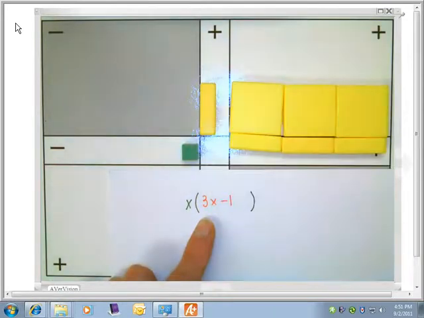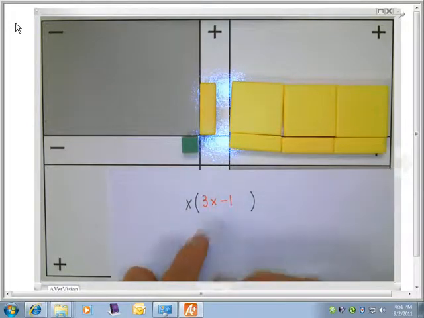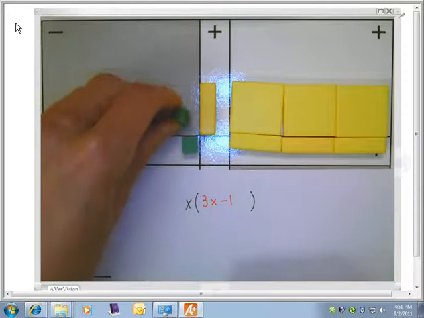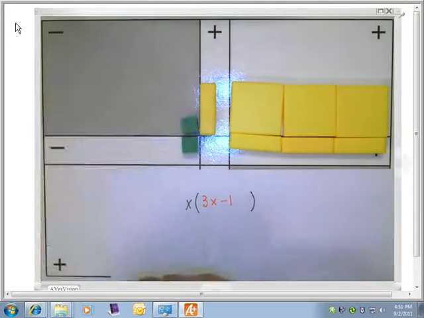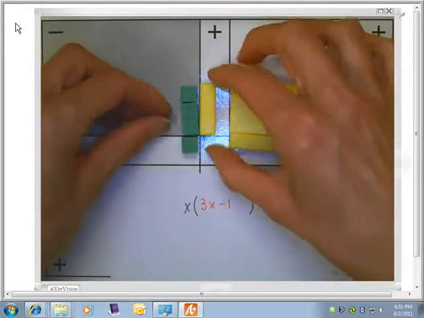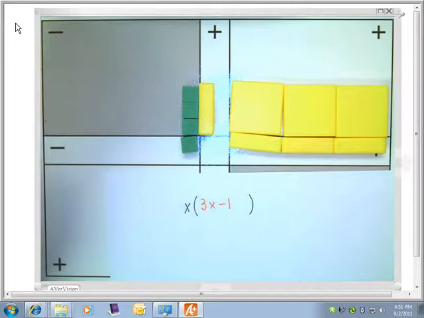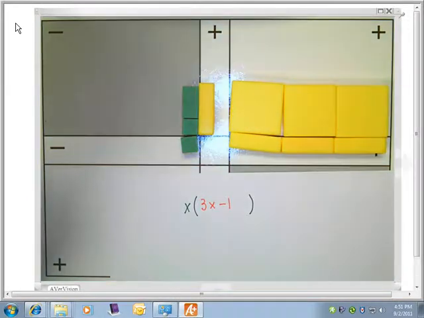So it's really tempting to do this. But remember, 3 green rods do not equal a yellow. But we can do this.